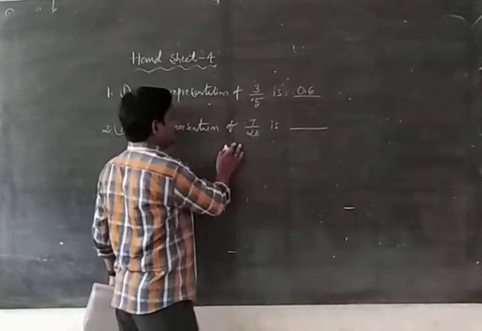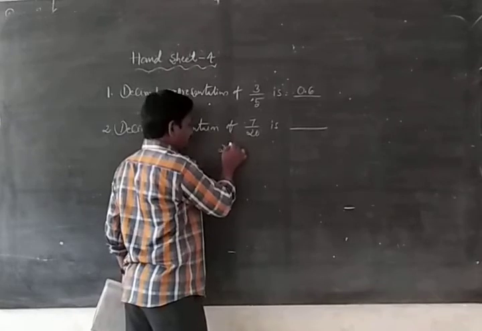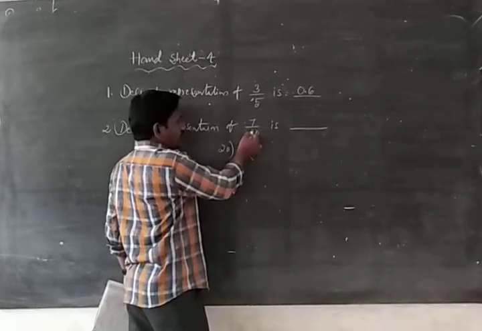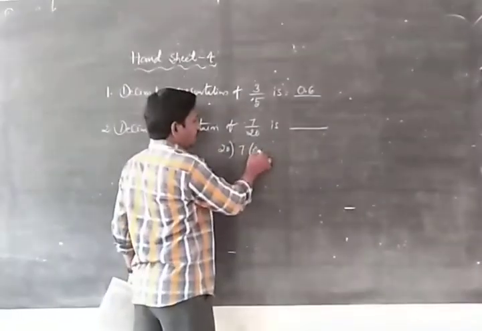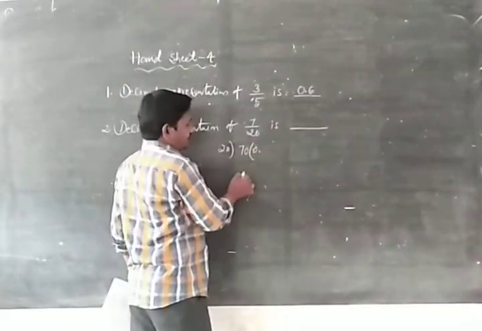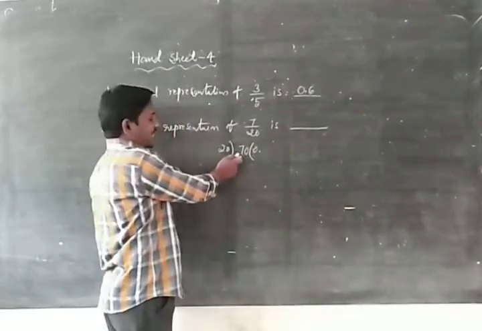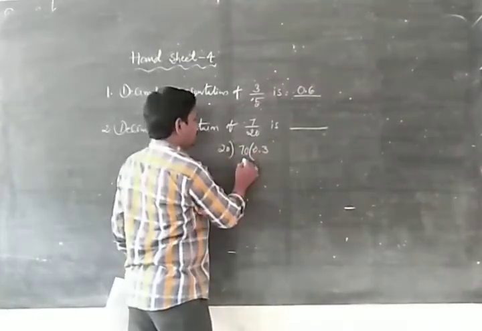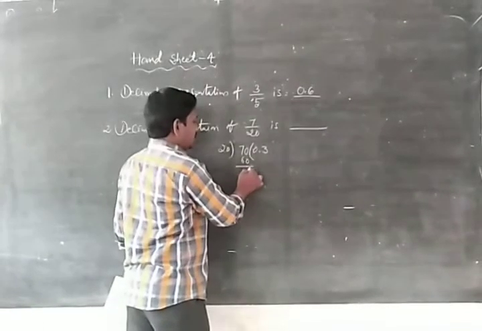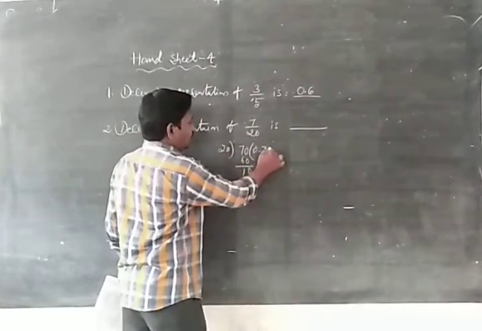So 7 is divided by 20. Write a point and write 0. 20 doesn't cancel with 7, so we have to write a point and write 0 three times.